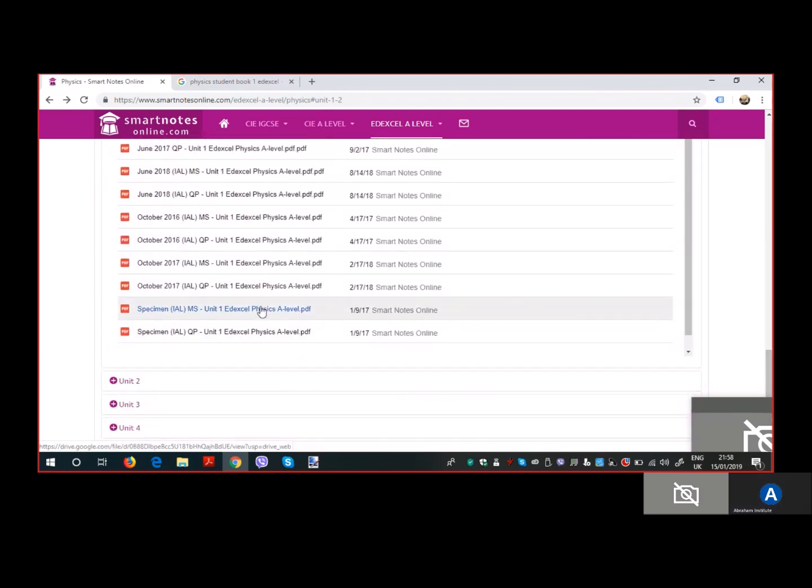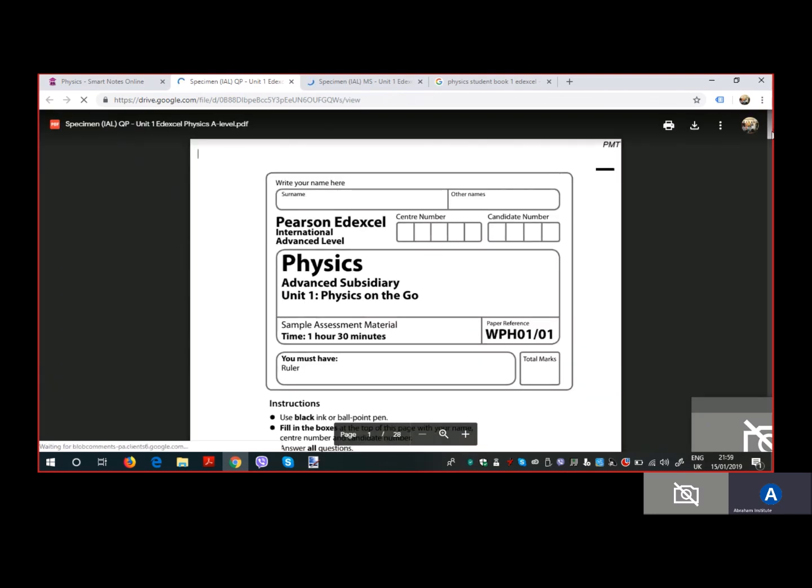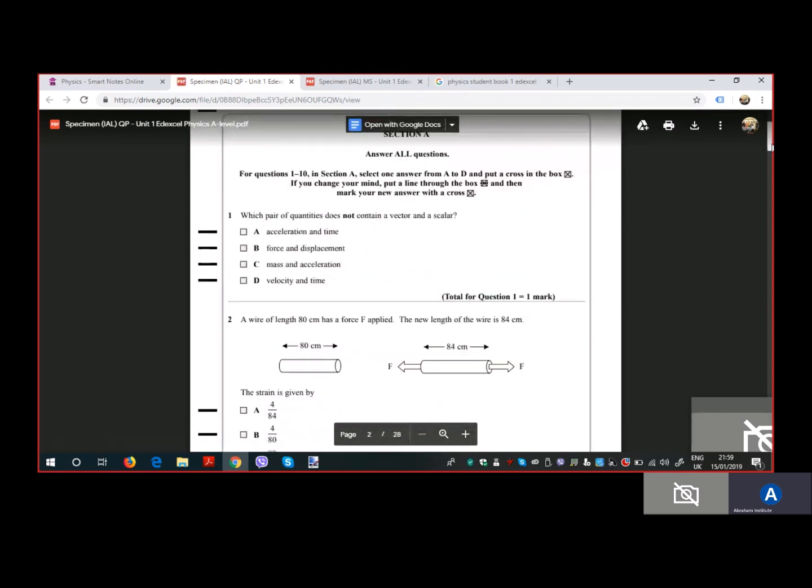I think I have it downloaded anyway. Yes, what is the question? Which pair of quantities does not contain a vector and a scalar?